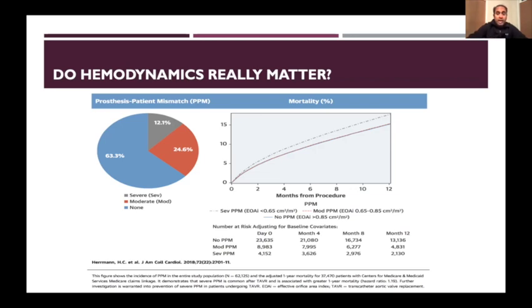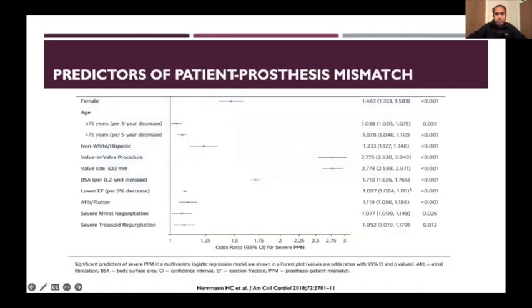So why would that happen? Why would severe patient-prosthesis mismatch happen with TAVI valves? Well, in this very nice forest plot, you can see that valve-in-valve procedures and valve sizes of less than or equal to 23 are the biggest predictors of whether someone would develop severe patient-prosthesis mismatch.